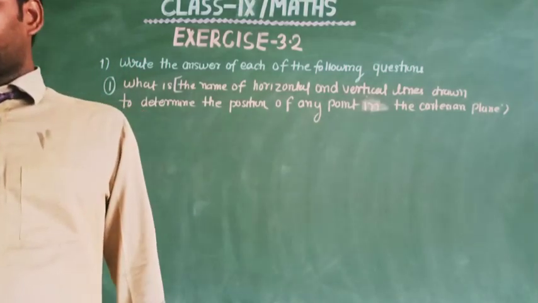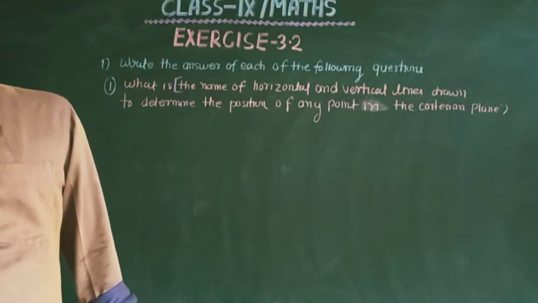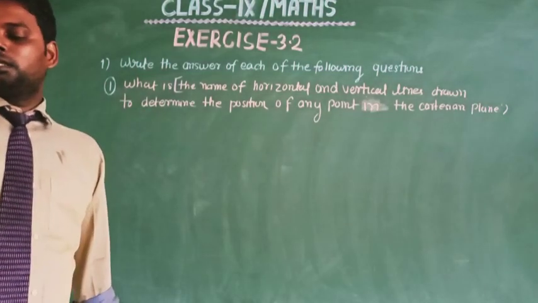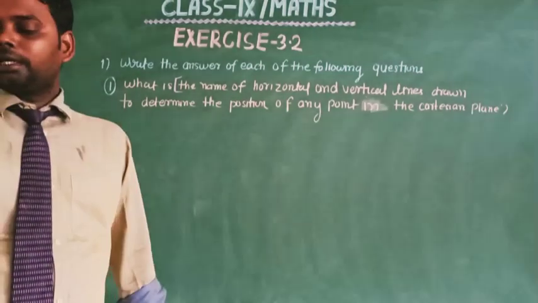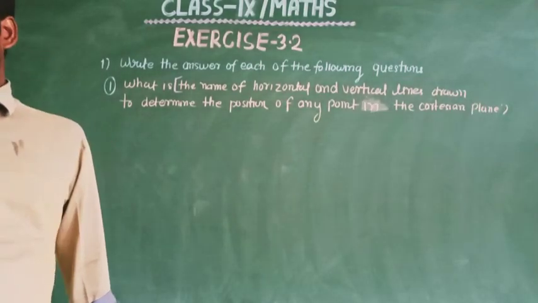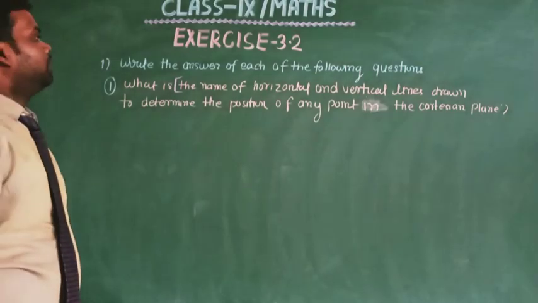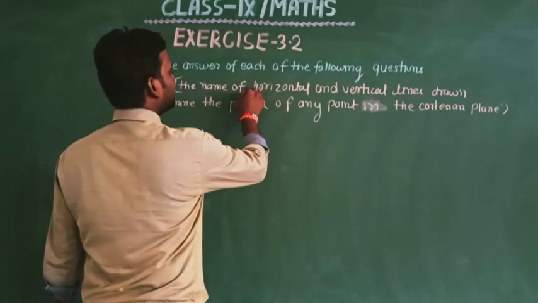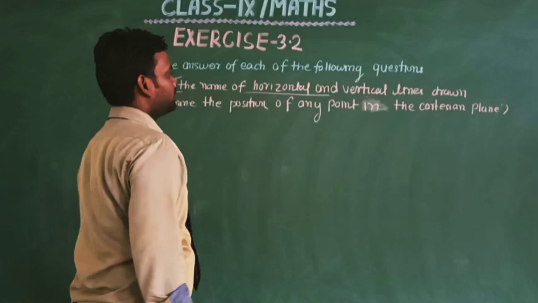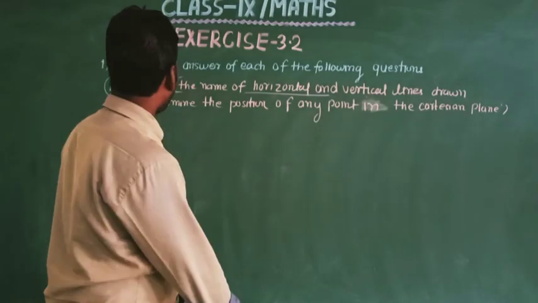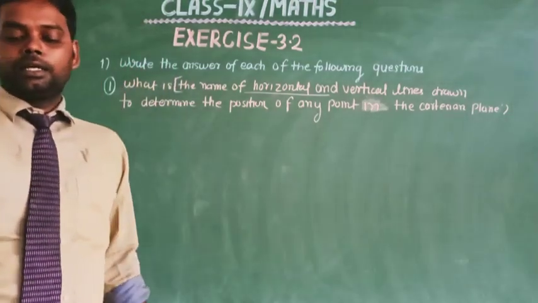Clear? The horizontal line is called the x axis and the vertical line is called the y axis. Clear?